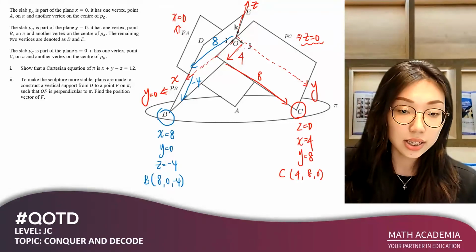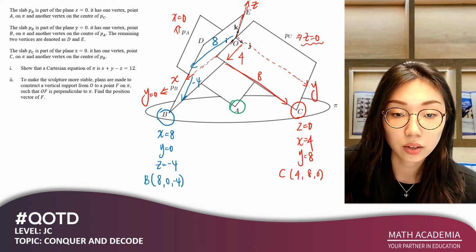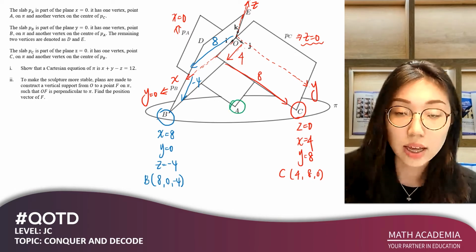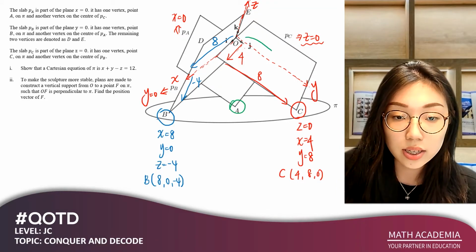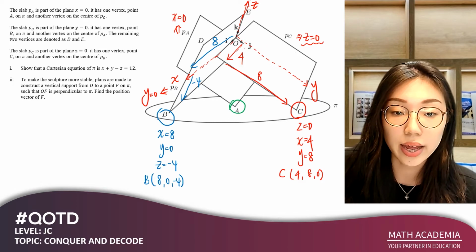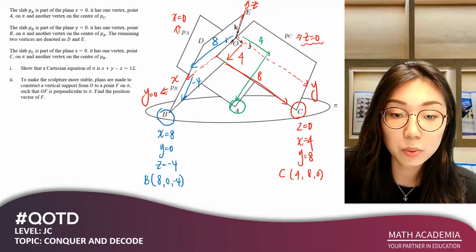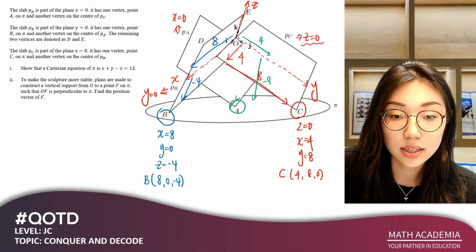Lastly, let's look at point A. For point A, I'll use green to denote it. We move 4 units in the positive y-axis. And we move 8 units downwards in the negative z-axis.